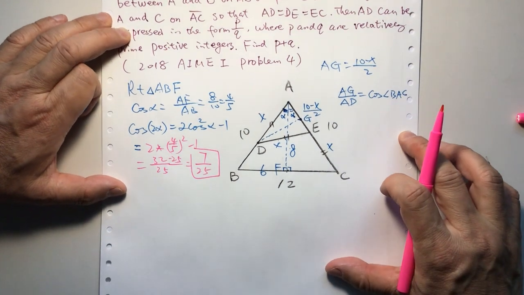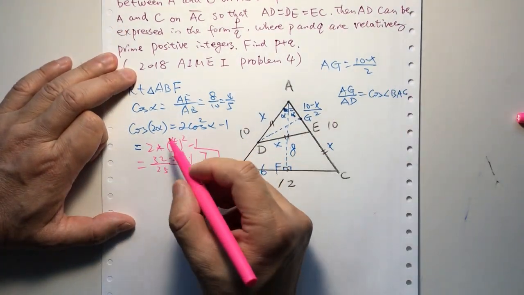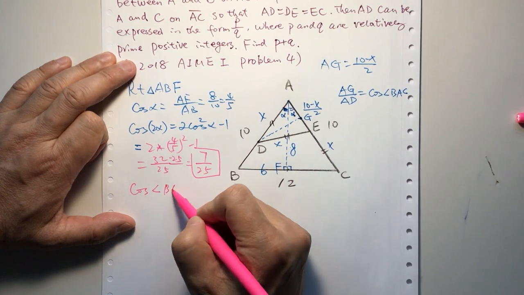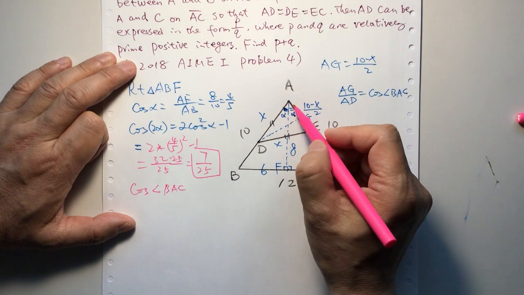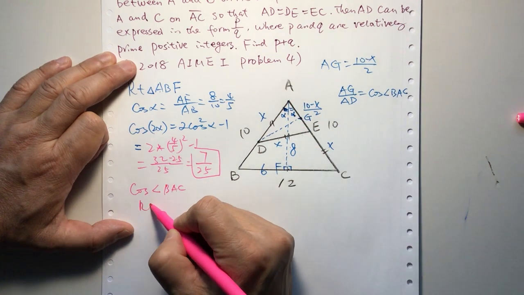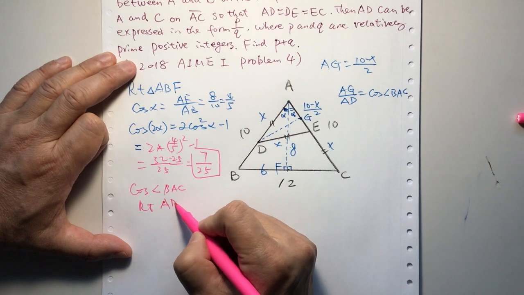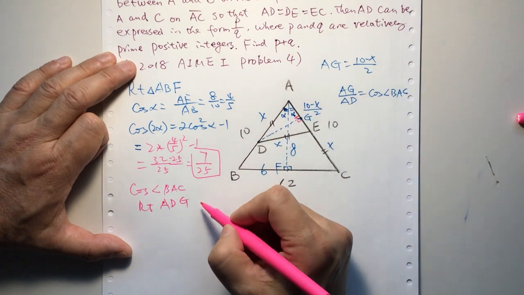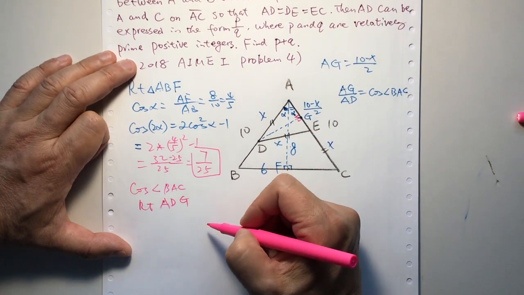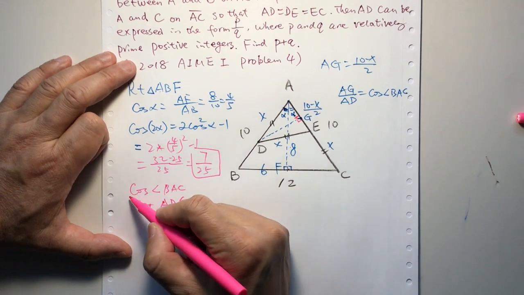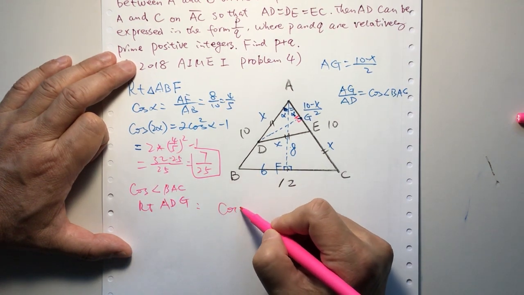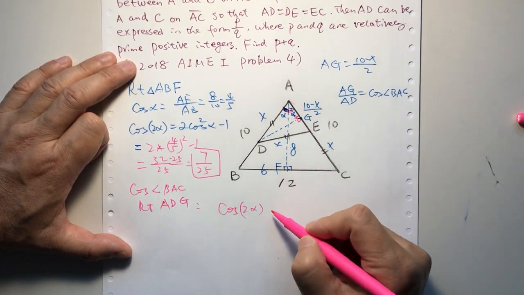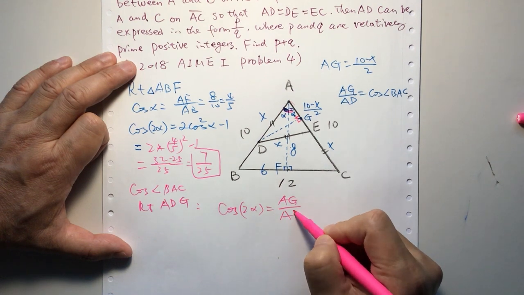And we know the cosine of angle BAC. So in the right triangle ADG, now I will look at the problem in this small triangle, and in this right triangle we get this cosine value, cosine 2 alpha, equal to AG over AD, right?